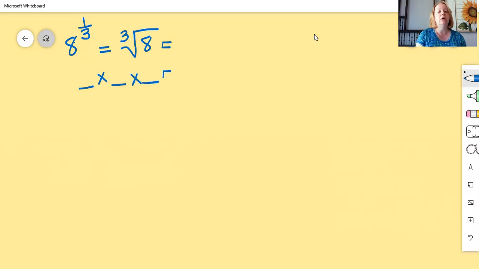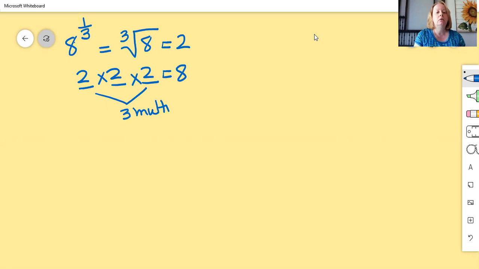And it has to equal 8, and all the numbers have to be the same. So the only way that can happen is if you take 2 times 2, and then you have 1 more 2. So the cube root of 8 is the number 2, because there's 3 multiplications of 2. Okay, 3 means 3 numbers multiplied together. Well, that only happens with the number 2.